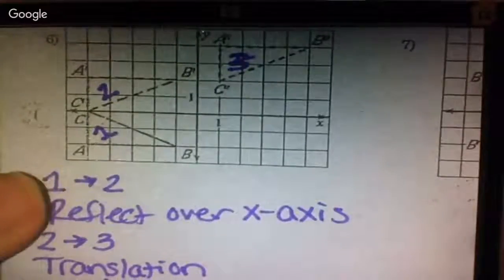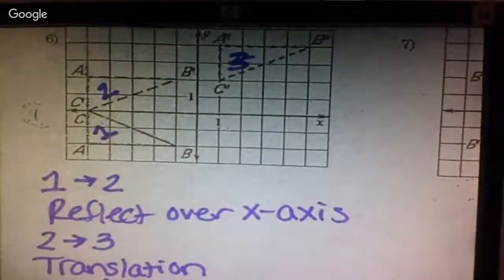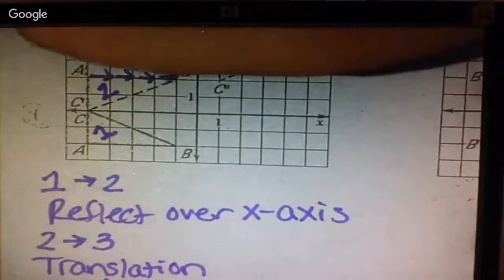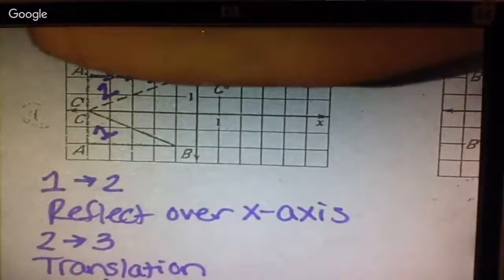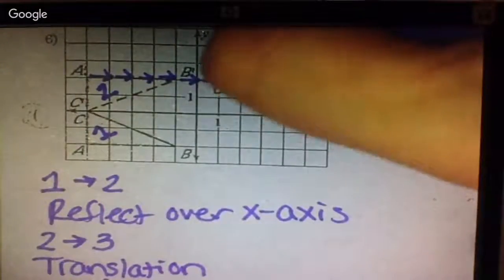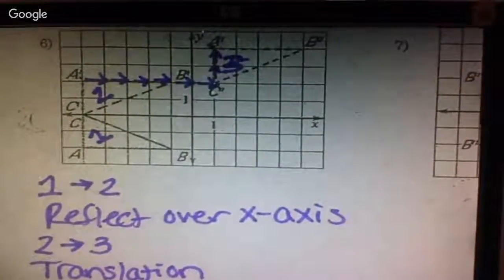And y plus 2. So to get from this figure to this figure, it's going 1, 2, 3, 4, 5, 6 spaces to the right. So that's your x plus 6. And then it's going 1, 2 up. So that's your y plus 2.